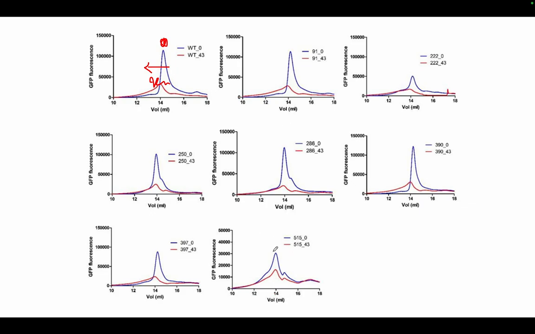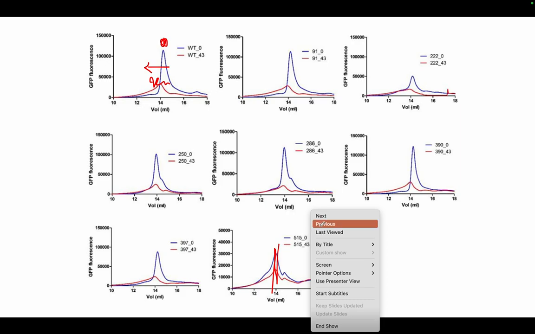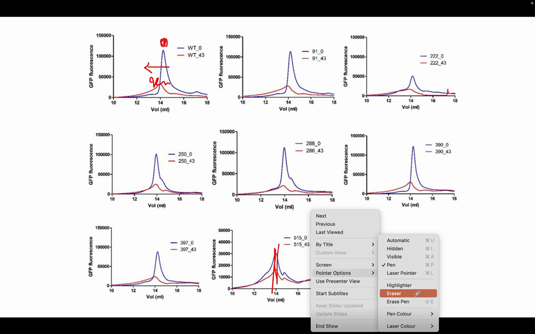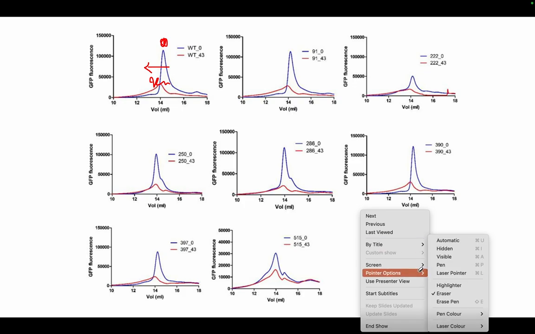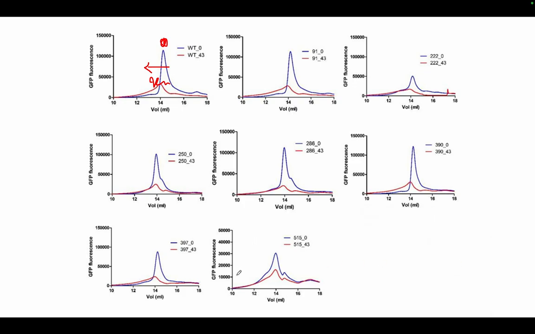There's barely any shift in these two profiles, and the nature of the peak itself is also very similar, which means that this last protein is stable at 43 degrees and is definitely more stable compared to all of these other proteins.